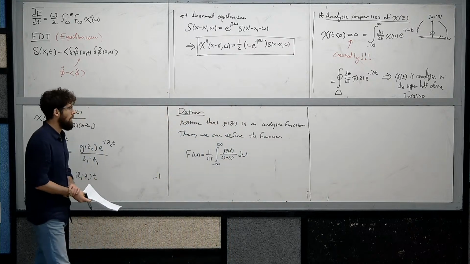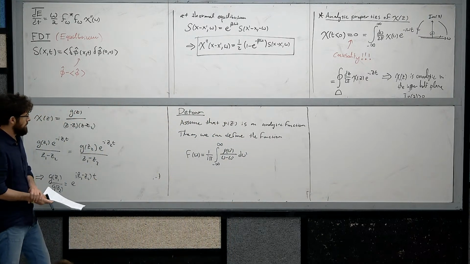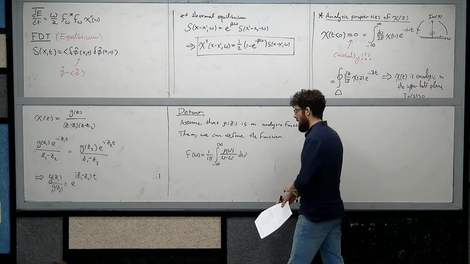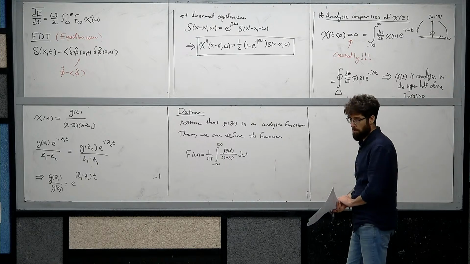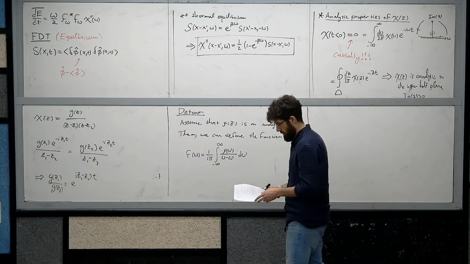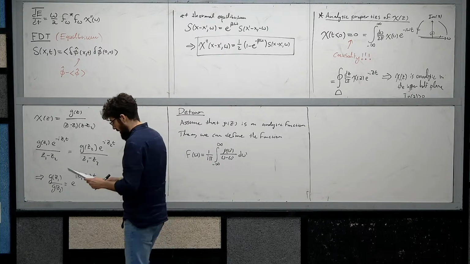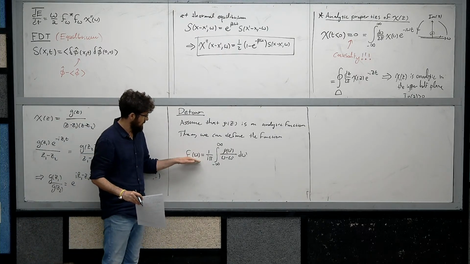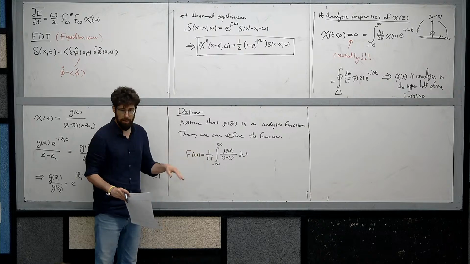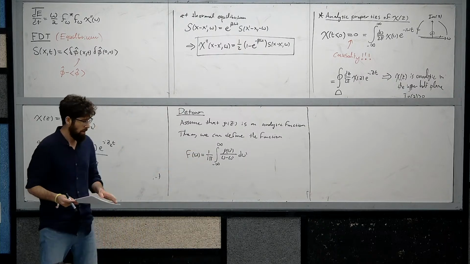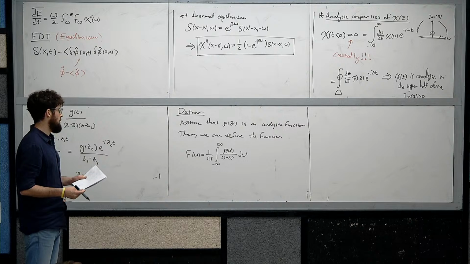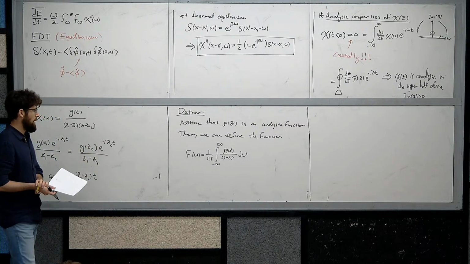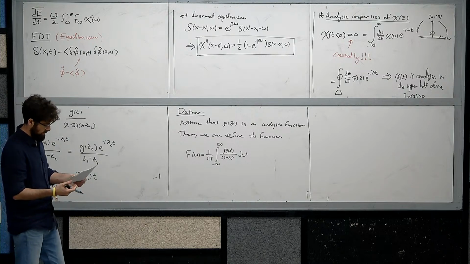Now this integral obviously has a problem because it has a divergence when omega is equal to omega prime, which makes it not well defined. But if we displace the pole slightly above or slightly below into the complex plane, then this integral becomes well behaved, and we can use that.